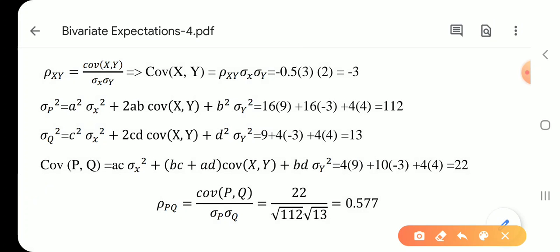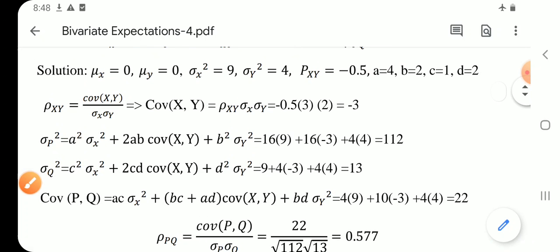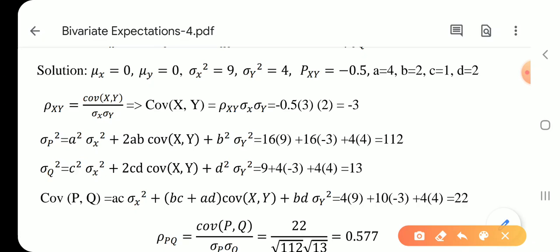Next, let us find sigma q square. It is given by the formula c square sigma x square plus 2cd into covariance of XY plus d square into sigma y square. So let us again put the values. c square is 1 into sigma x square is 9, 1 into 9 is 9, 2cd, that is 1 into 2 is 2, 2 into 2 is 4.